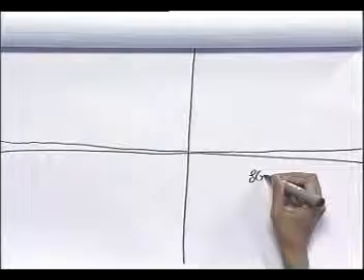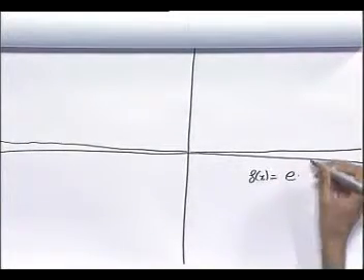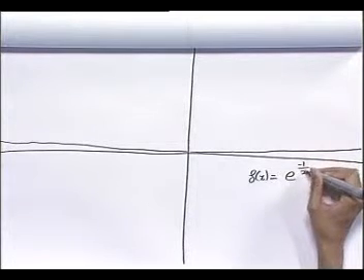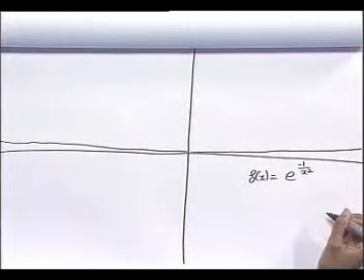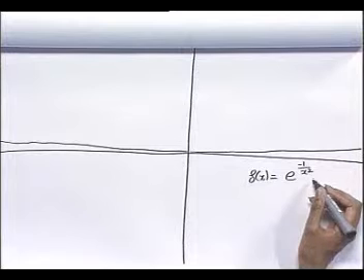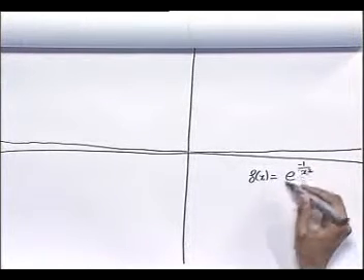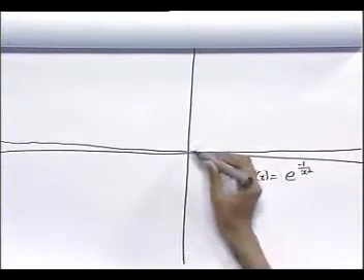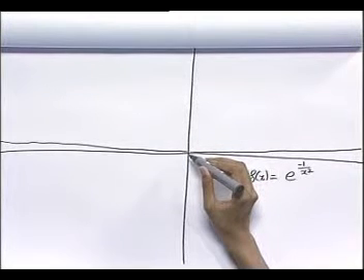Here's another example. This function is f of x equals e to the minus 1 over x squared. Now again, when x equals 0, we have a 0 denominator here in the function, so it's not defined at x equals 0.